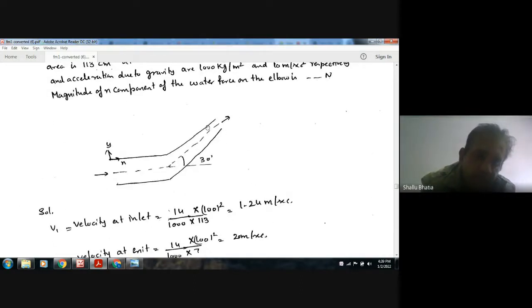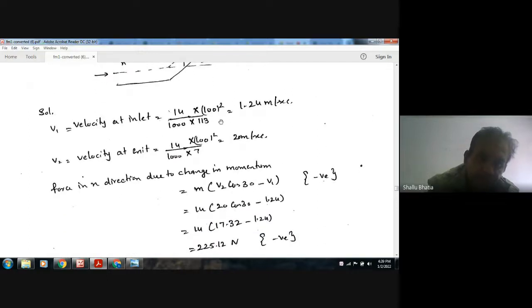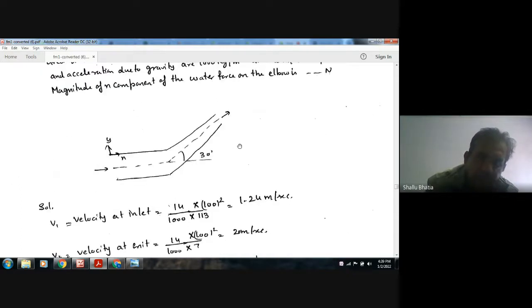Now the force component will be due to the change in pressure and change in velocity. In x direction, initially the velocity in x direction is V1, and the velocity in x direction finally is 20 cos 30.